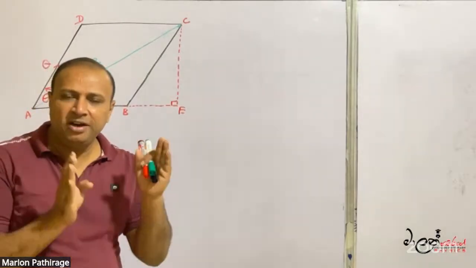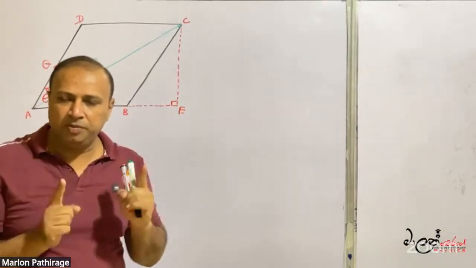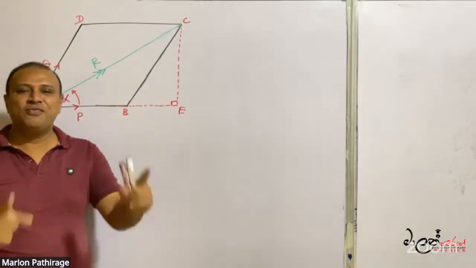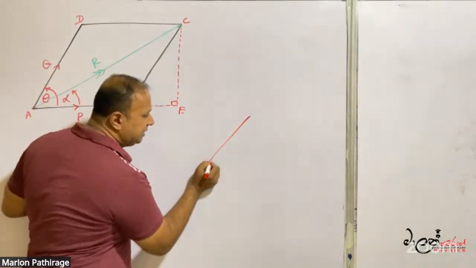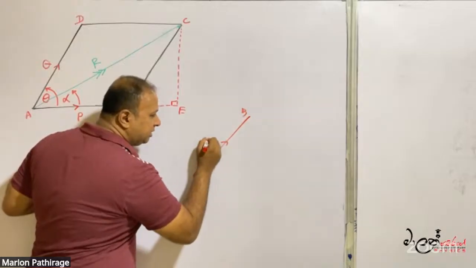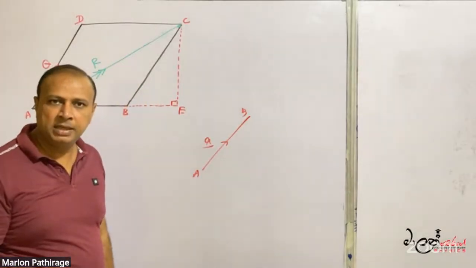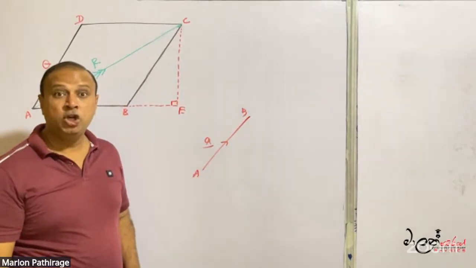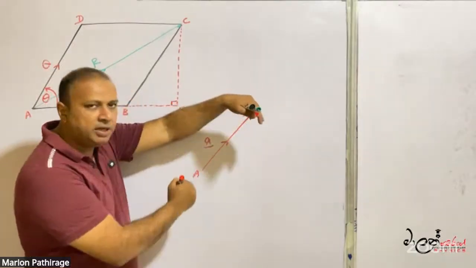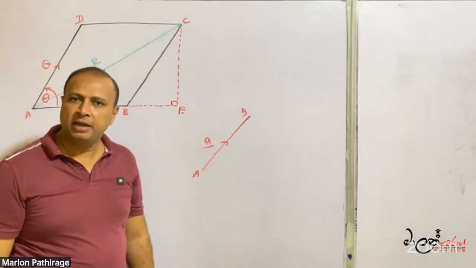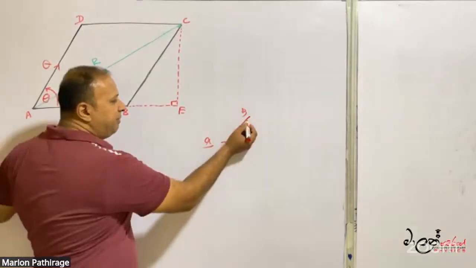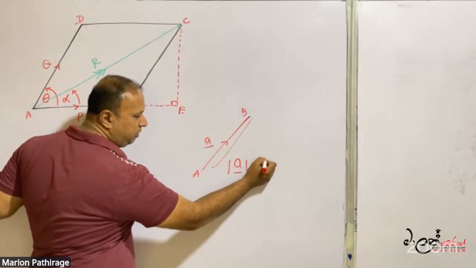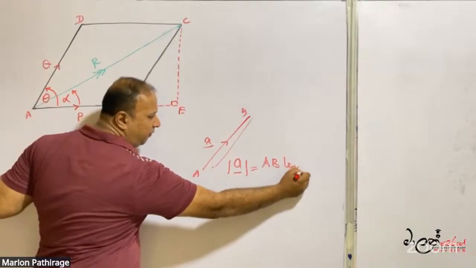So if a vector is represented by a line segment, remember this, understand this: the magnitude of this vector should correspond to the length of the line segment.